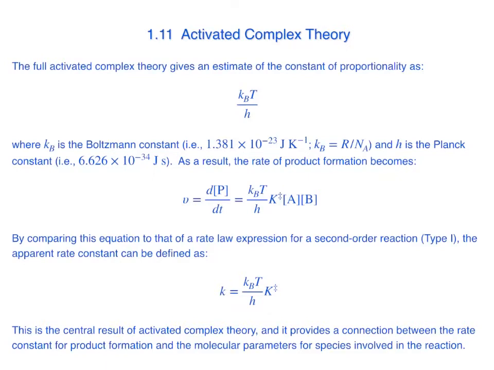So this is the main result of the activated complex theory, and it provides an important connection between the rate constant for product formation and the molecular parameters for species involved in the reaction.